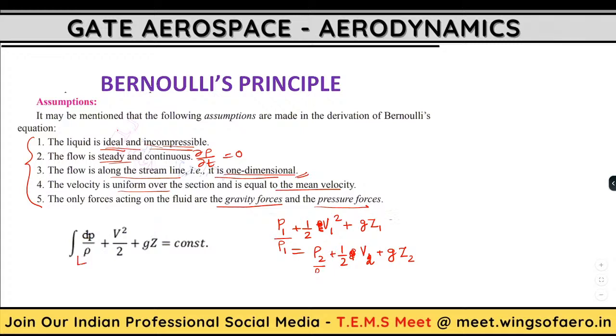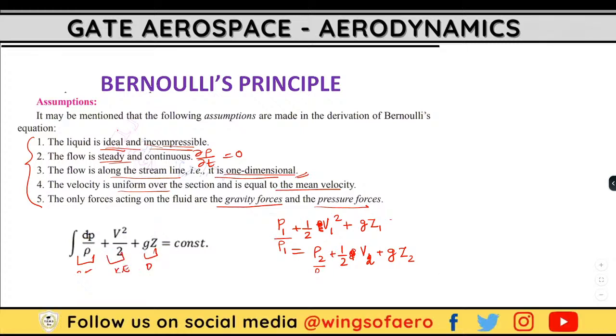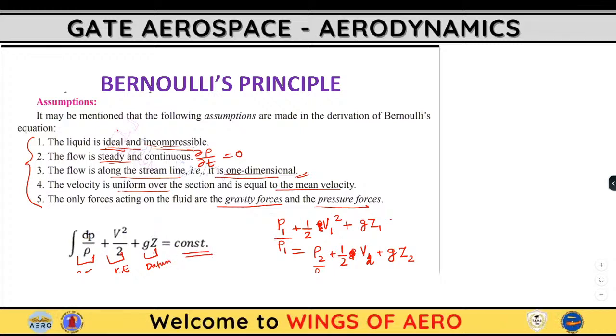And when we write this is the potential energy, this is the kinetic energy, this is the datum energy, the summation will remain constant. So the summation of all the energies will become constant.